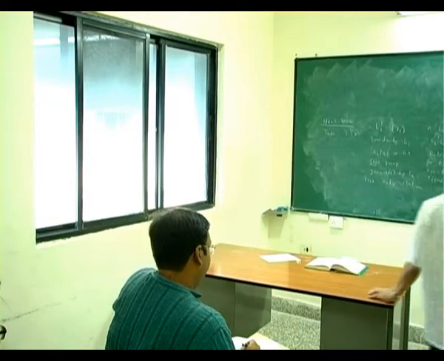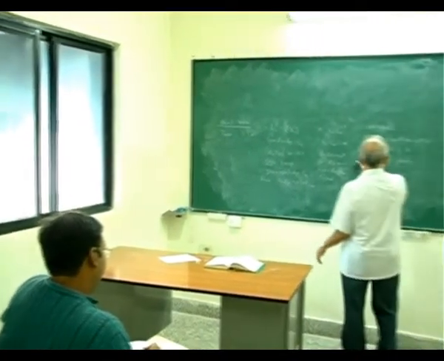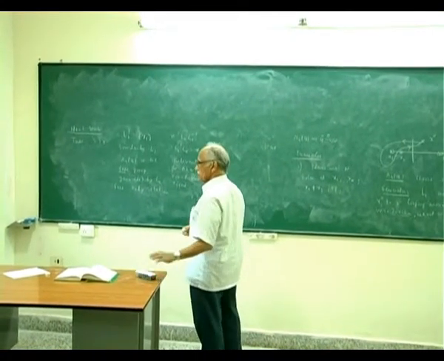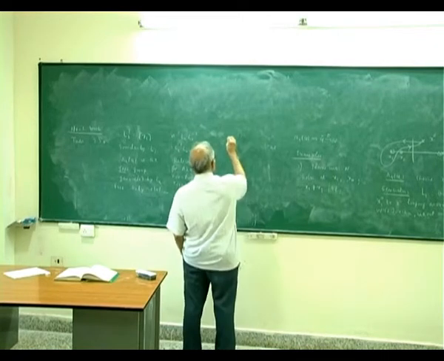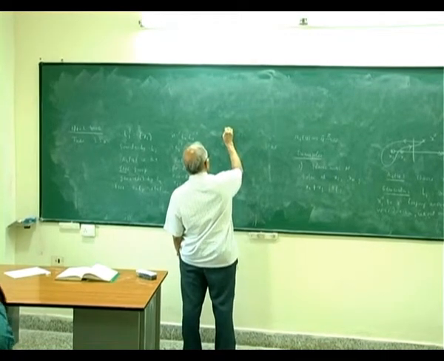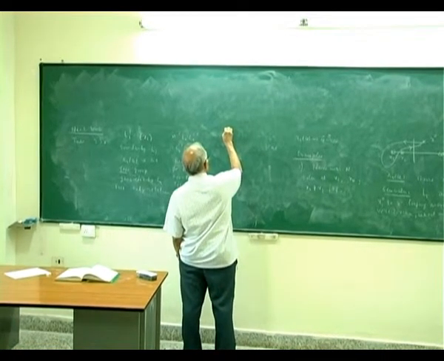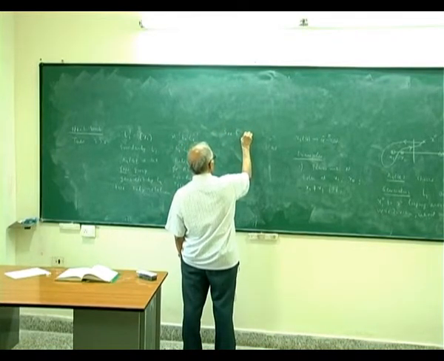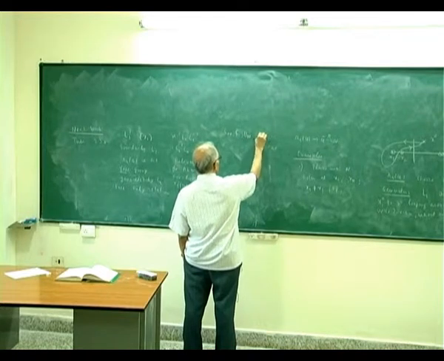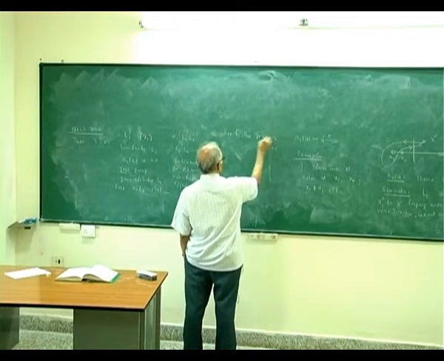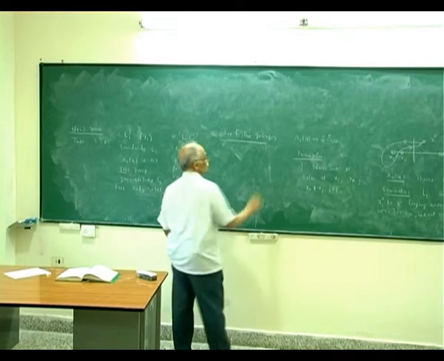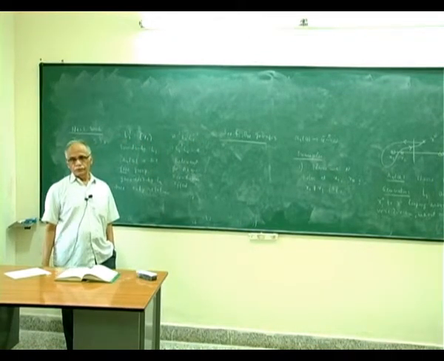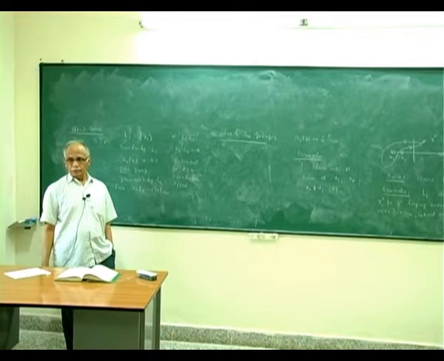So now I will tell you something which is very important for condensed matter and also conformal field theories, which is Sn and the braid group. Sn means permutation group on n objects.